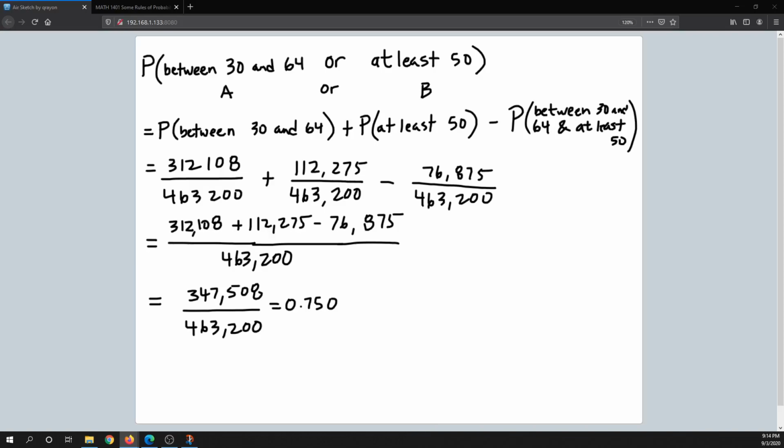So that's the probability of this event here. So about 75% of the people that year are between 30 and 64, or at least 50. So the probability, if you picked one at random, that they would fall into this category would be 0.75. Okay.